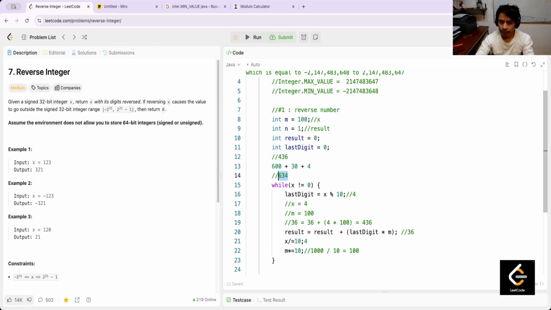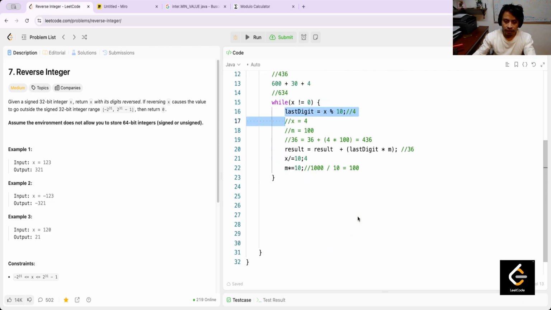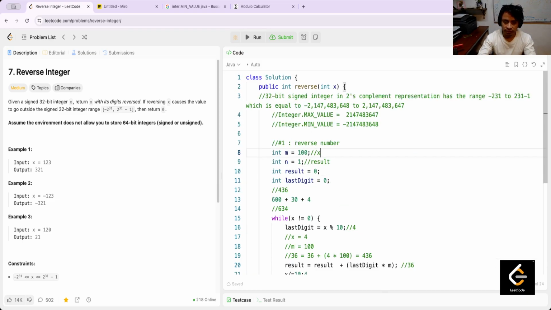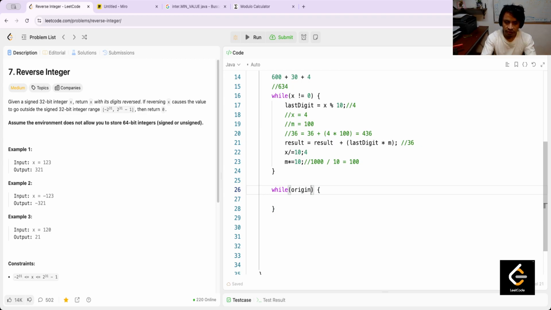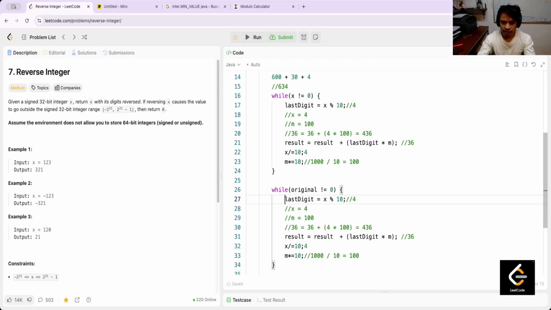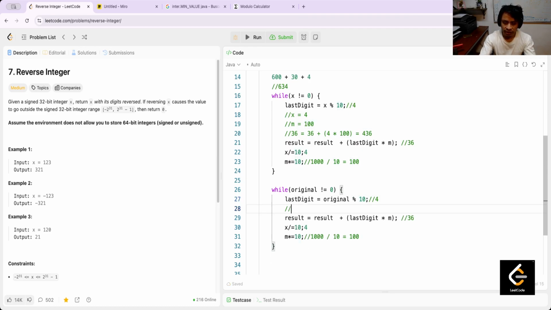Okay, let me do another while. I think that I can copy this here because the initial is the same. Original is the same, now by m.